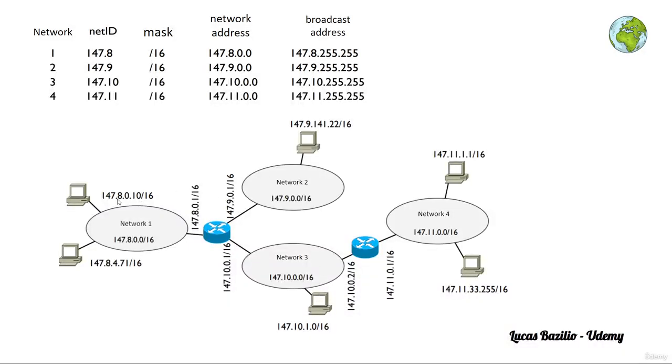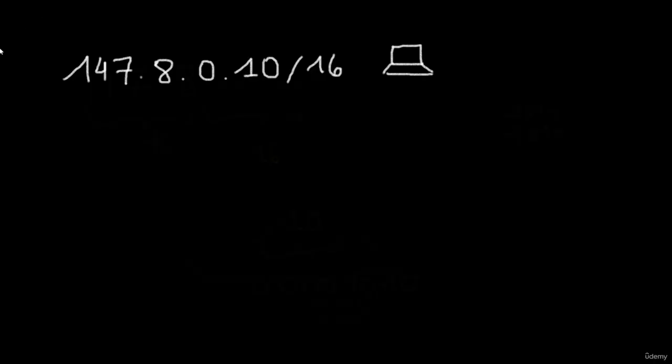Now, it is very important that you understand this, so let's study it for a minute. On this PC, as we know, the network ID is the first two decimal places, this here, and the host ID is this.